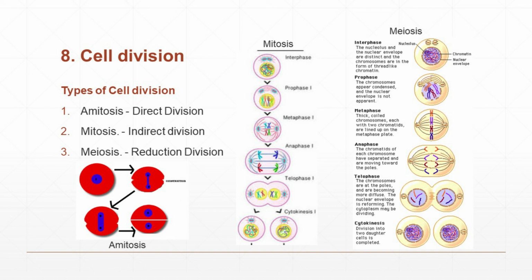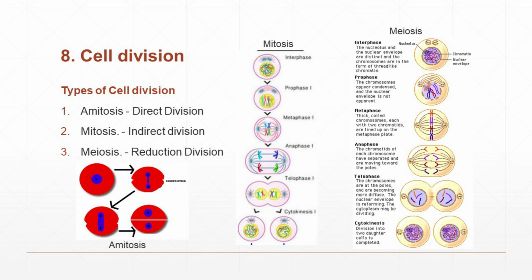The next one is meiosis. The term meiosis was coined by Farmer in 1905. It is the kind of cell division that produces the sex cells or the gametes. It is also called reduction division because the chromosome number is reduced to haploid n from diploid 2n.